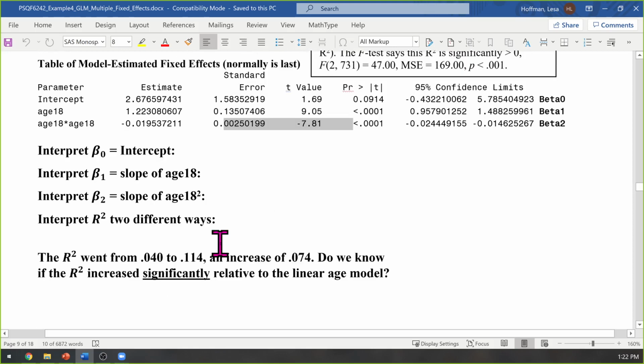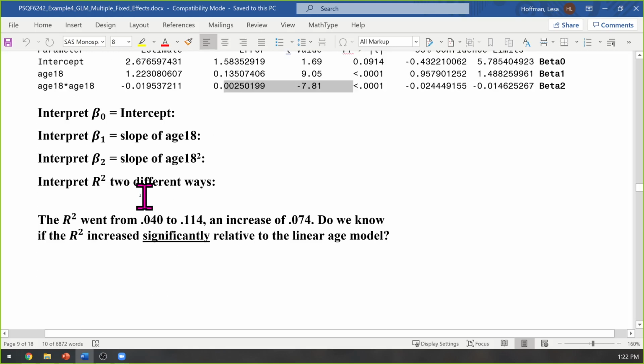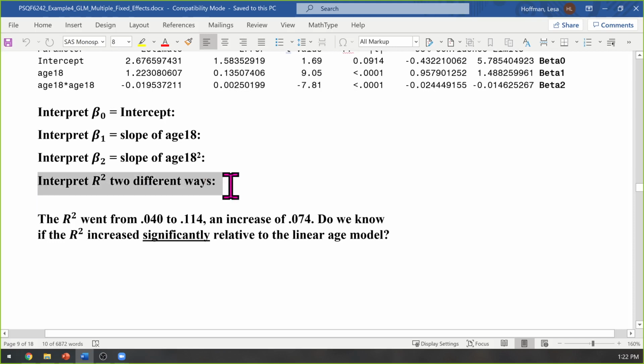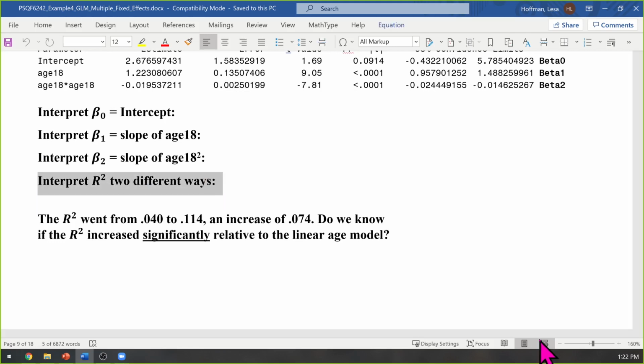All right, another review. Two different ways to interpret R square. R square is proportion reduction in the unexplained variance. So relative to the empty model, by what proportion did we reduce the residual variance?